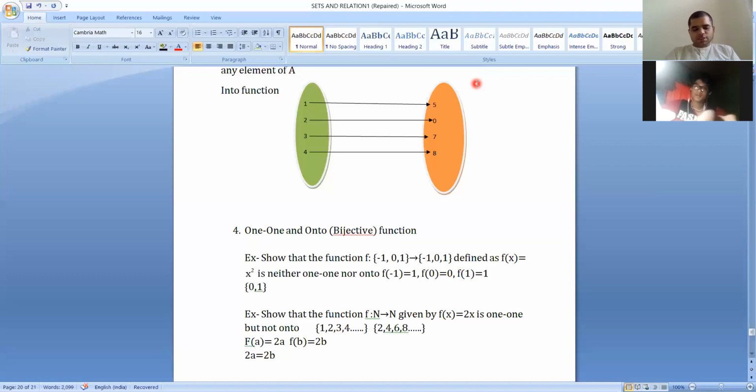If n is equal to 3, the image will be 9. Like this, for every n there will be an image, and every n has only one image. So it is a function.